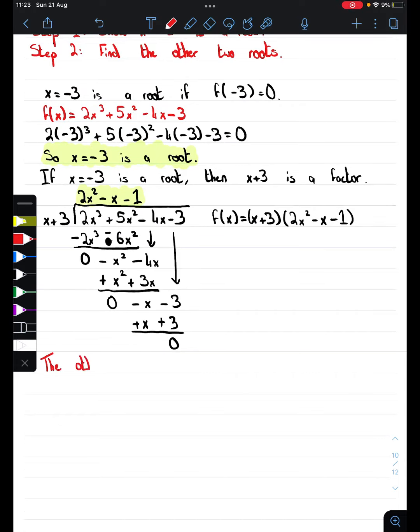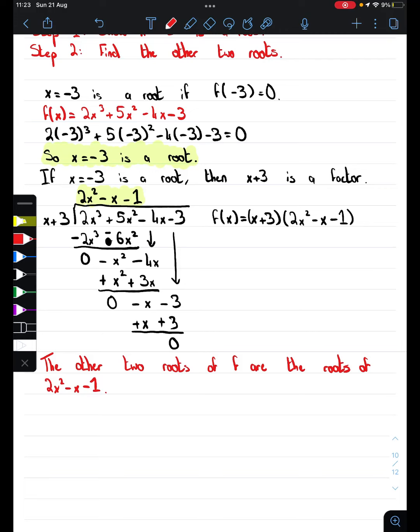The other two roots of f are the roots of this quadratic here, the roots of 2x squared minus x minus 1.